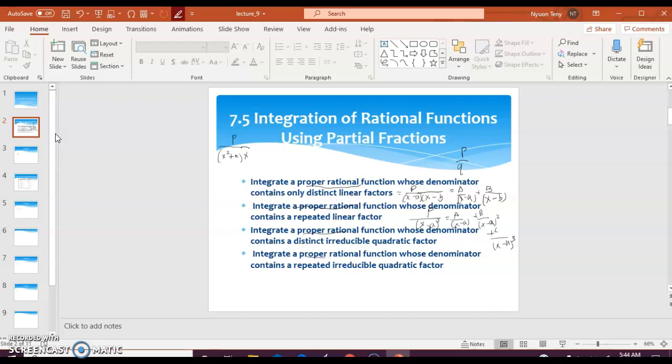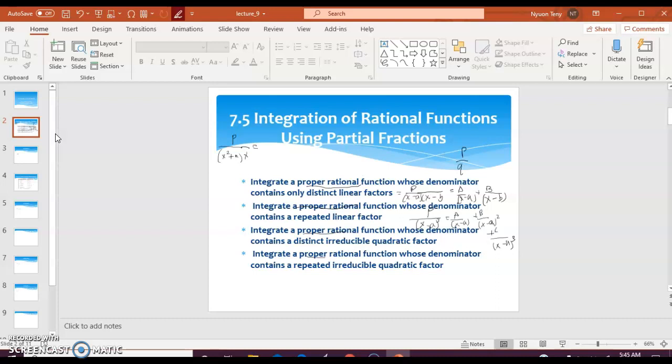I want to decompose this. This is an irreducible quadratic factor, so I cannot factor it into two linear factors, assume that.